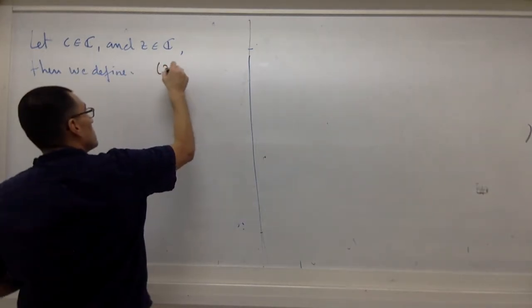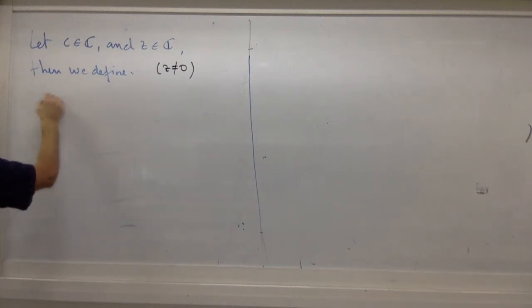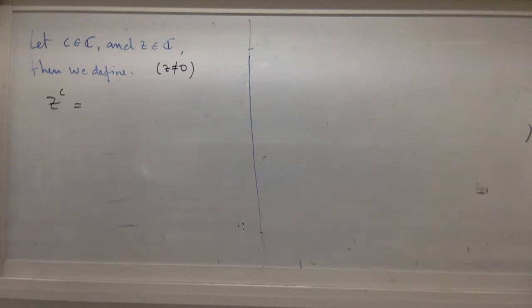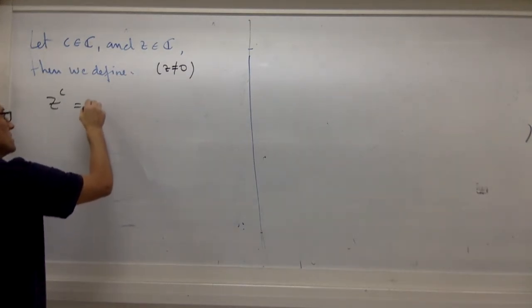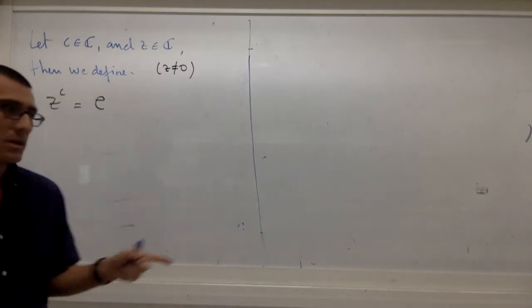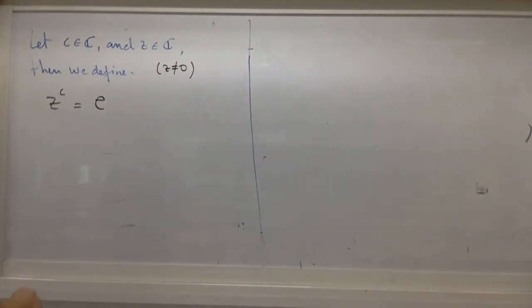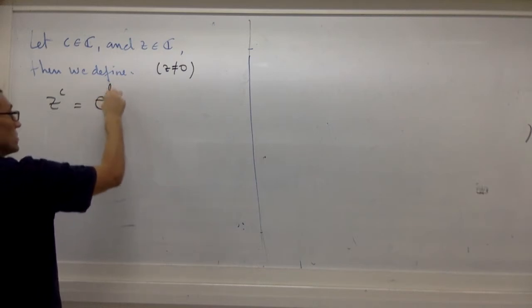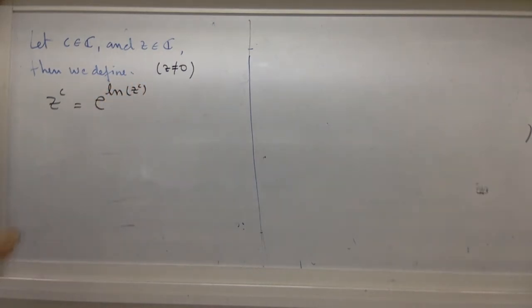All right. So I need z not to be 0. So we define z to the power c to be... So what are we going to do here? We're going to utilize our trick. I'm going to use the fact that the exponential of the logarithm of z is z. So I'm going to write here the exponential of the logarithm of this same number, z to the power c. Okay?